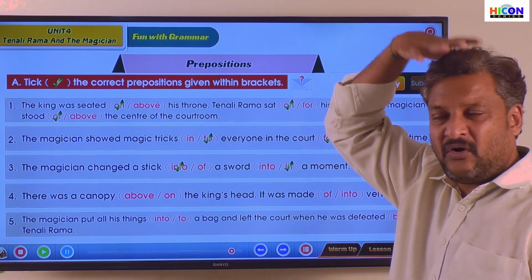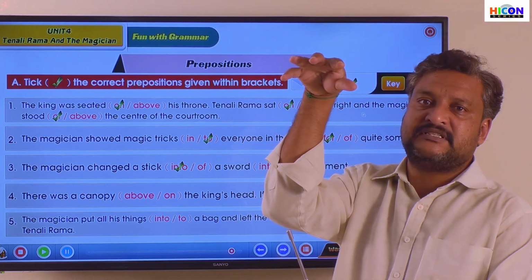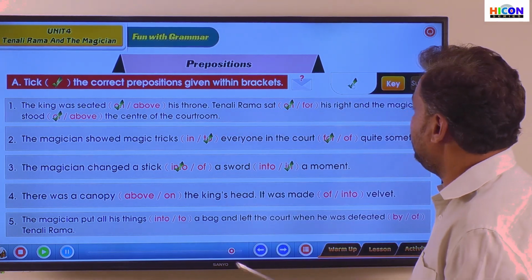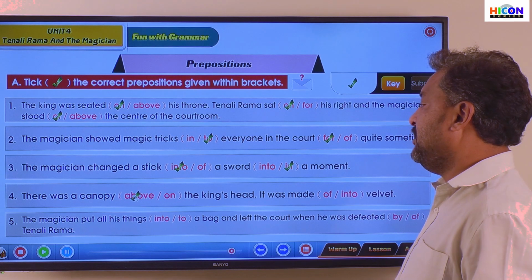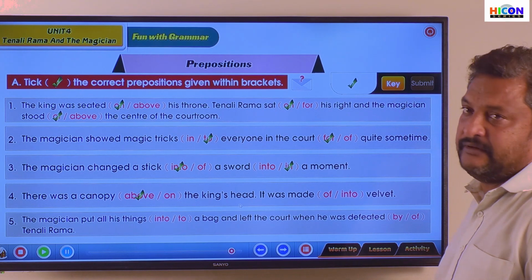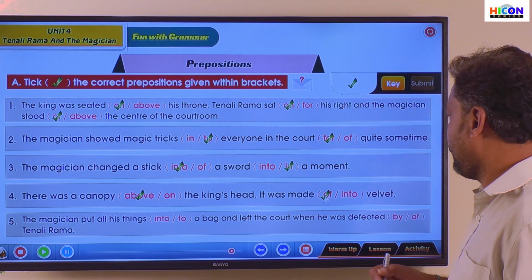On the king's head we have a crown. There will be a canopy kind of stuff above the king. The king will be sitting here, isn't it? So the answer is above. It was made of velvet.